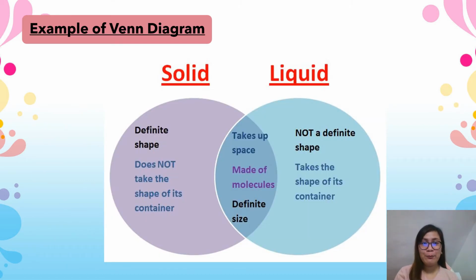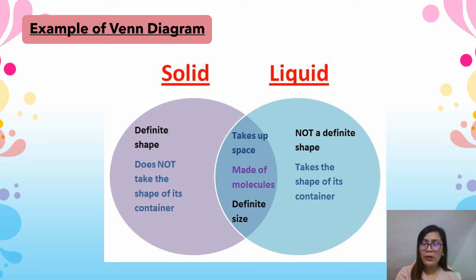Alright, this is an example of a Venn diagram. Like what the description says, it is used to compare and show similarity. So in here, what are the two concepts being compared? Correct, it's solid and liquid. Can you give me the similarity of or similarities of the two? Yes, those are takes up space, made of molecules, and has definite size.